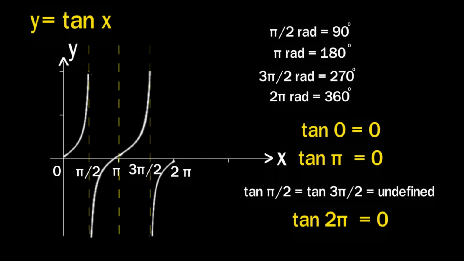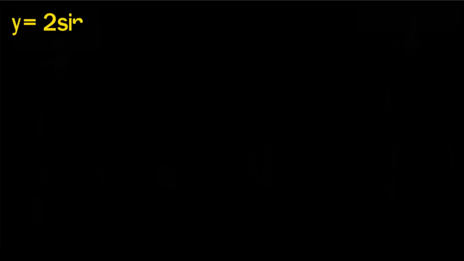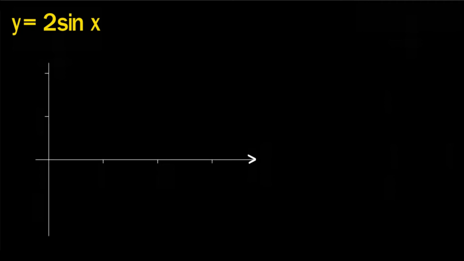So now let's try some examples of the trigonometric functions with transformations. Let's start off with y equal to 2 multiplied by sine x. Just now we discussed that sine x actually looks like this.